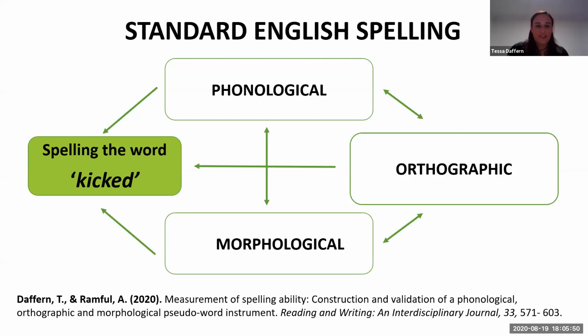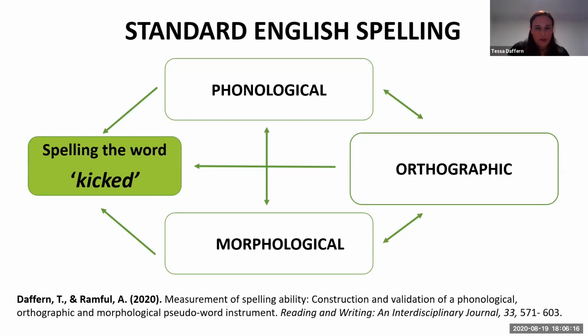So assuming that, let's say that in order to be able to spell that word correctly, a number of processes need to occur. First, the learner might need to, in their mind, hear that word and then think about or segment all of the individual phonemes in that word. So they might hear k, i, k, as they try to write that word.